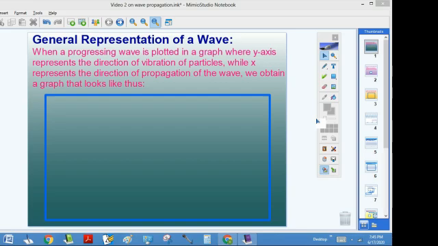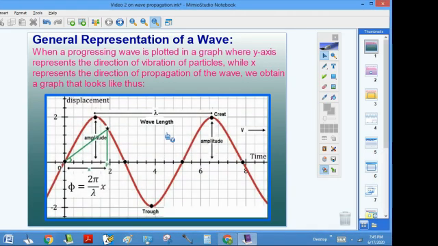And that helps us to get a graph that looks like this. So this is generally a graph that represents wave motion. This graph is called a sinusoidal graph, or in simple form, a sine function graph or cosine function graph.